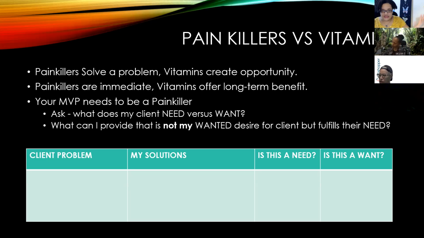So to do this, again, just to reiterate, ask what does my client need versus what they want. And I'm giving you a worksheet with all of these tables, okay? So what does my client need versus what do they want? What can I provide that is not my wanted desire for my client, but fulfills their need?